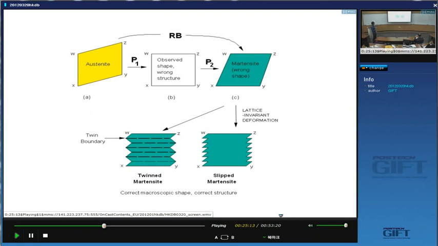But the shape here is wrong, because when we observe the macroscopic shape change, it's an invariant plane strain. And to achieve the correct shape, the crystal of martensite will periodically slip or twin, such that this average plane on which it's actually forming is not a rational plane, even though the individual facets here are rational planes. Okay?